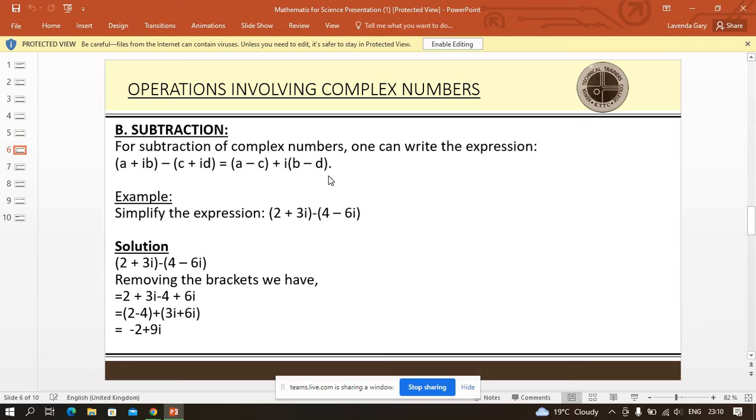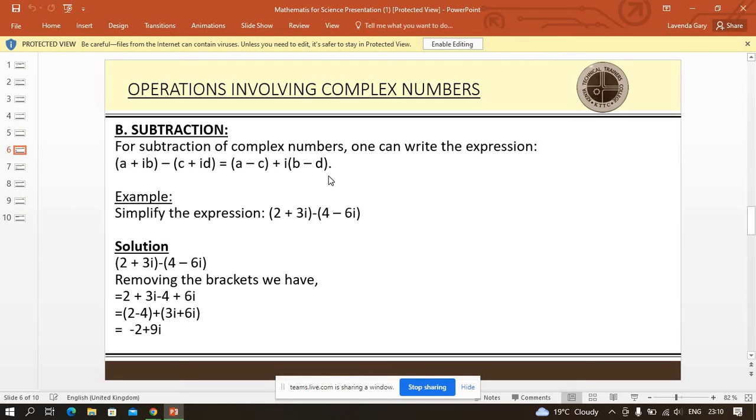So in general, whatever we have on the right hand side is the general expression for the subtraction involving complex numbers. Now, given a real example, 2 plus 3i less 4 minus 6i, what shall we get?